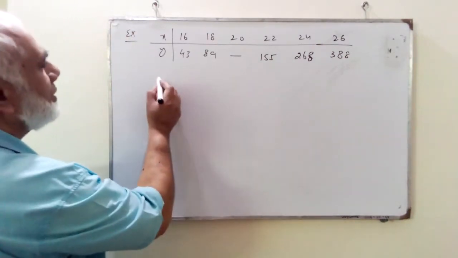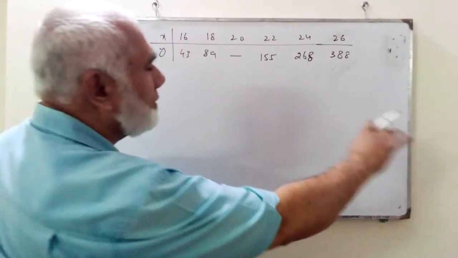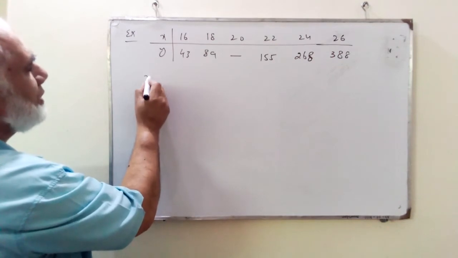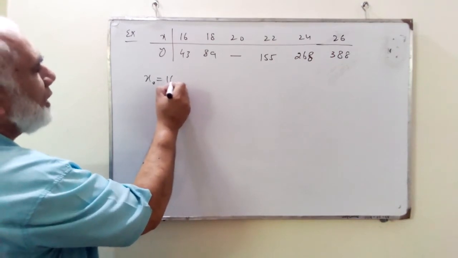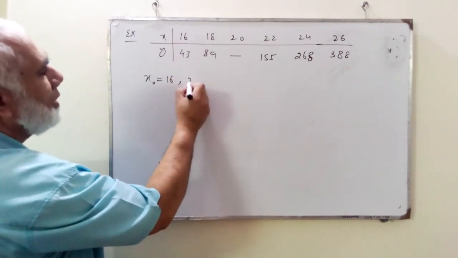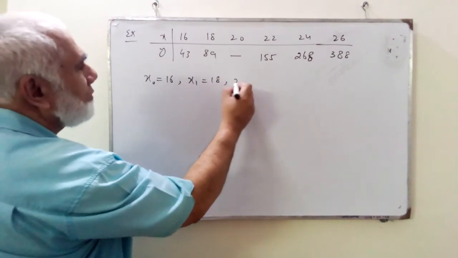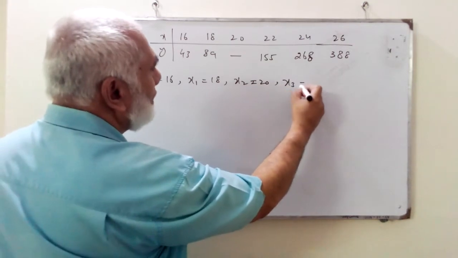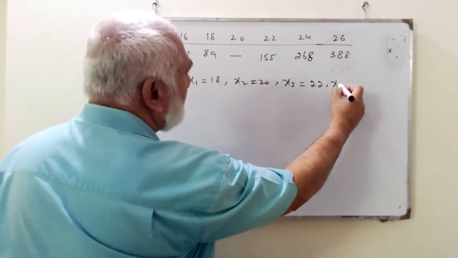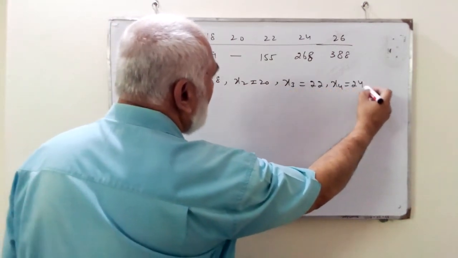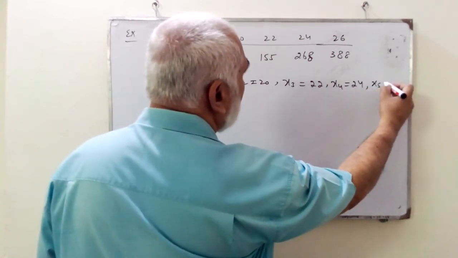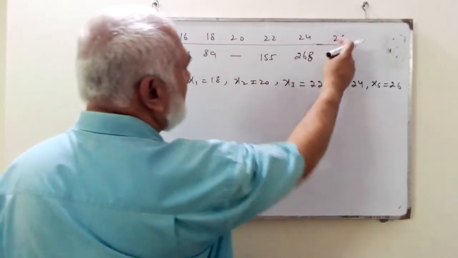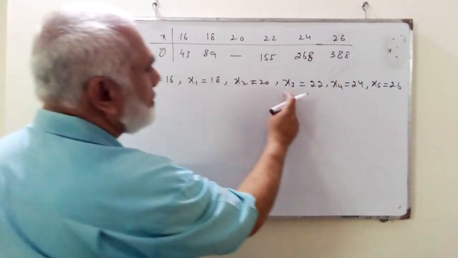Before putting that difference equal to 0, let me first highlight the values. Here x0 is 16, x1 is 18, x2 is 20, x3 is 22, x4 is 24, and x5 is 26, that is 0, 1, 2, 3, 4, 5.